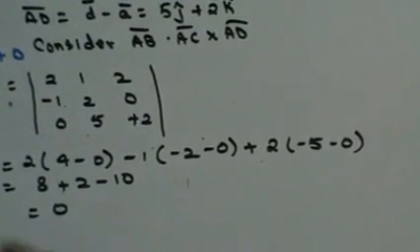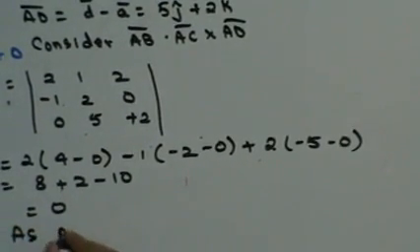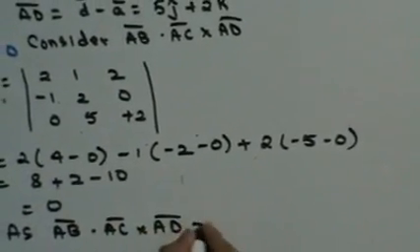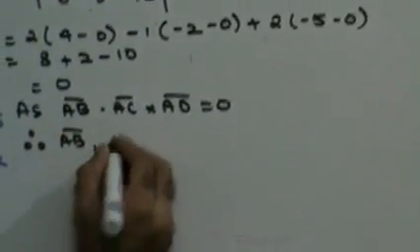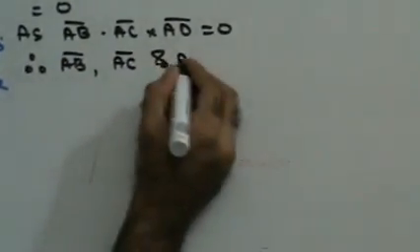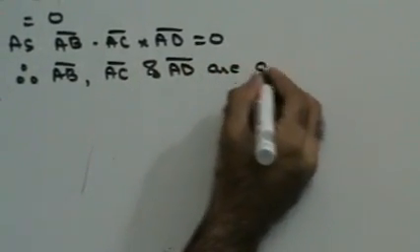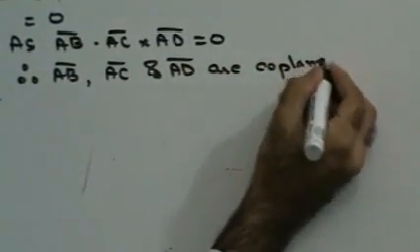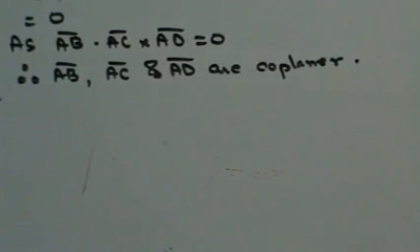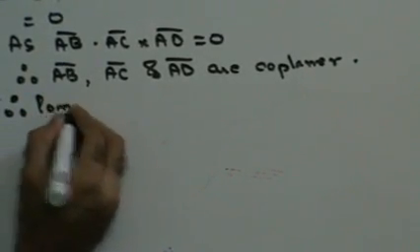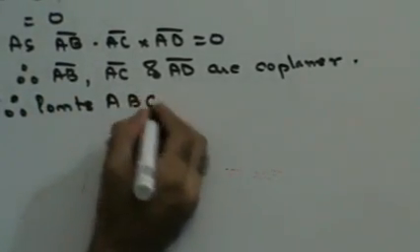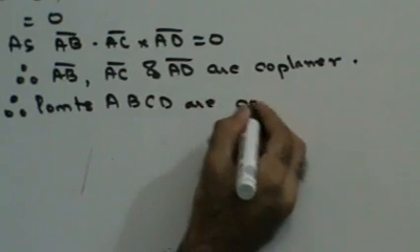Now, as AB vector dot AC vector cross AD vector is 0, therefore AB vector, AC vector and AD vector are coplanar. Now if these vectors are coplanar, then the points which form these vectors also have to be coplanar. Therefore points A, B, C, D are coplanar.